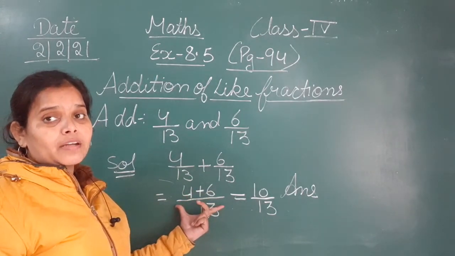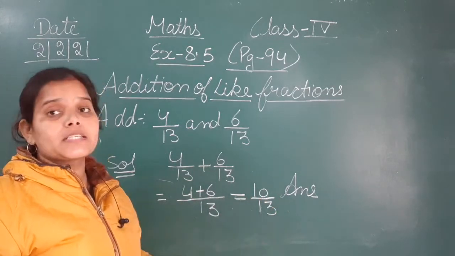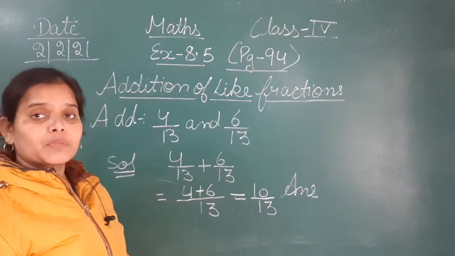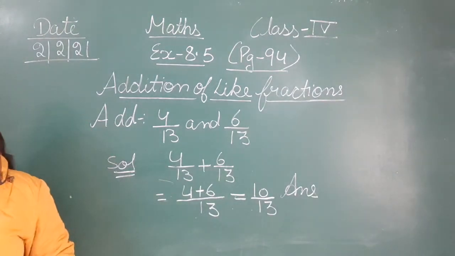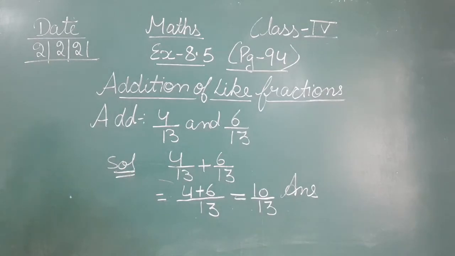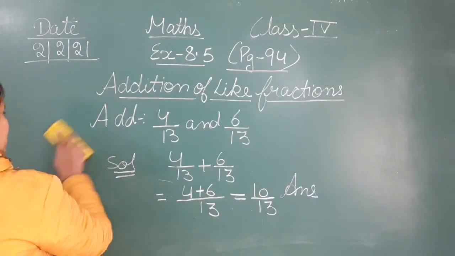So here I have added 4 and 6 and the answer I got is 10. So the answer is 10 upon 13. Clear? So this is how you are going to add the given fractions. ठीक है बेटे? चलिए let's take one more example. Okay, एक और example लेते हैं.